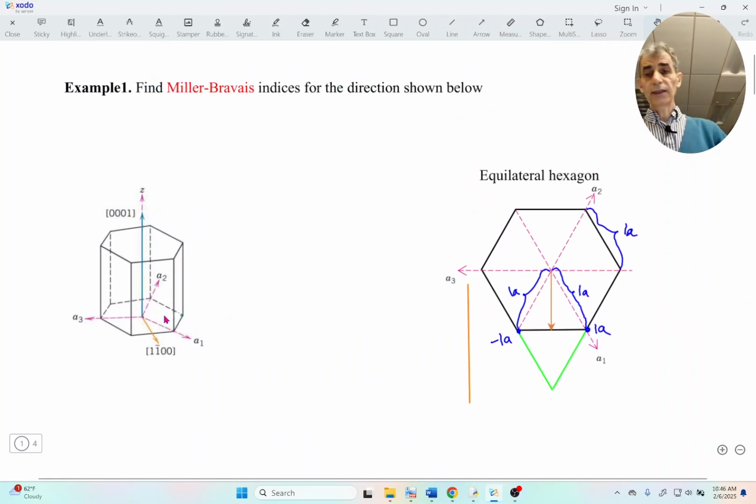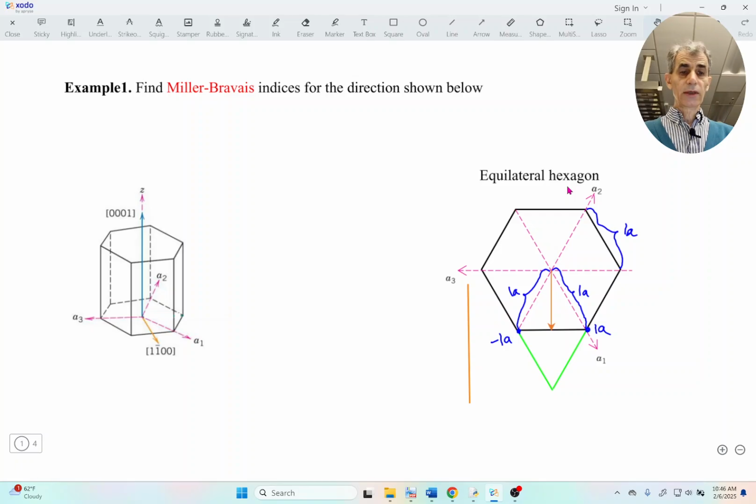So again, just to refresh our memory, we have the hexagon that we are talking about at the base. It's considered an equilateral hexagon, so we know that the edge is equal everywhere, and also the radius from the center right here.